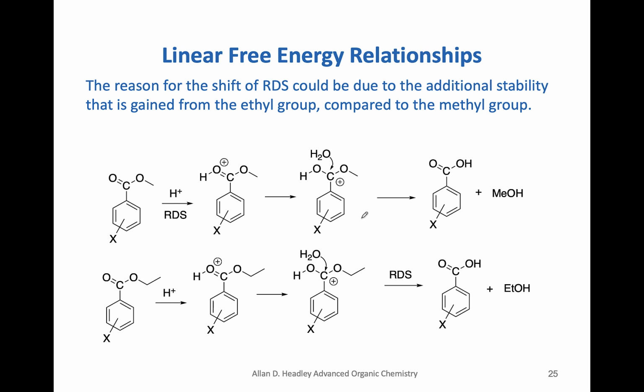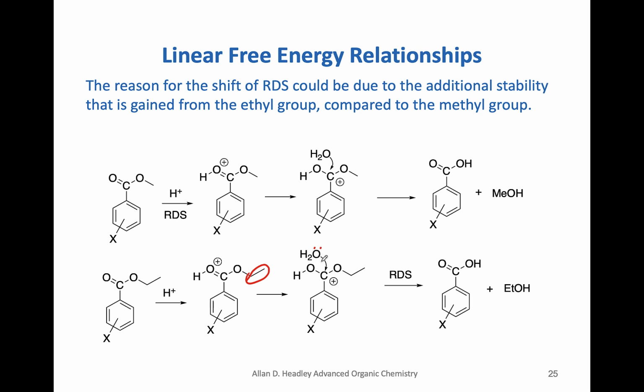So the question now becomes, why does the rate determining step shift from this step to this step based on the methyl group versus the ethyl group? One rationale is that because we have an ethyl group here, this ethyl group can assist in stabilizing the positive charge a little more, so it prefers to maintain its positive character until the nucleophile comes in.